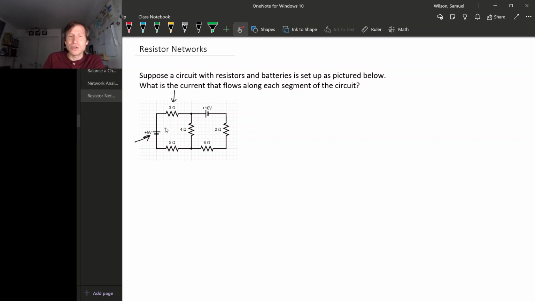So around each loop of this circuit, there's some current. I is the symbol for current, I think because C is taken by another electronic quantity called capacitance. So we have to have some other symbol for current, so physicists use I. There's some current that flows around this loop, and there's some current that flows around this loop, so we could call that I2.